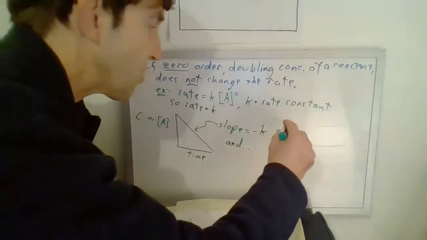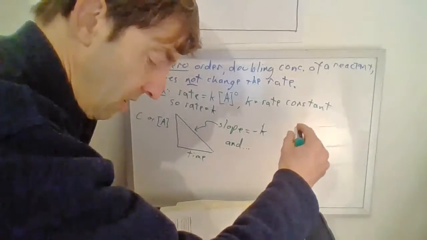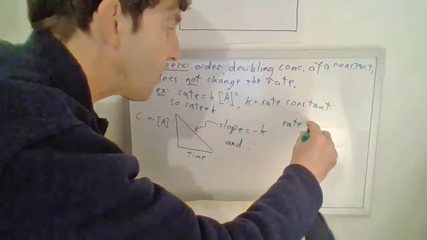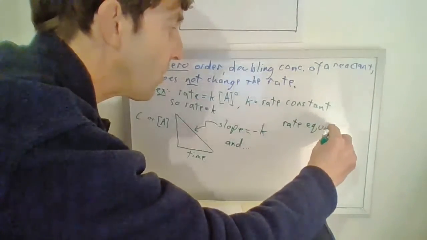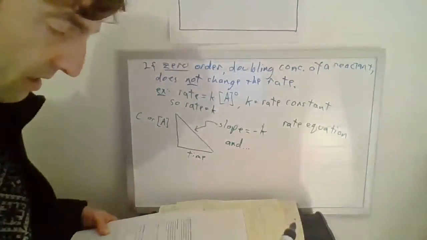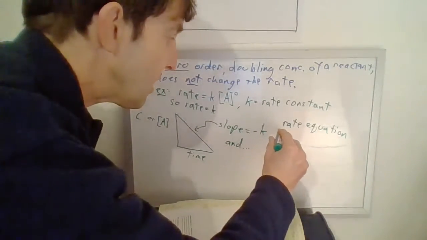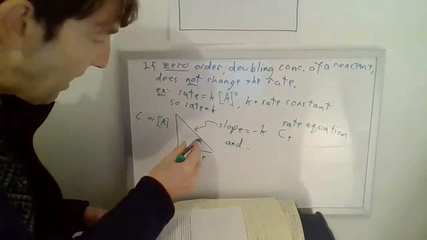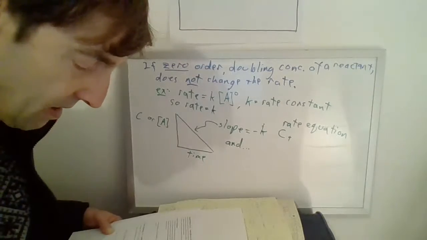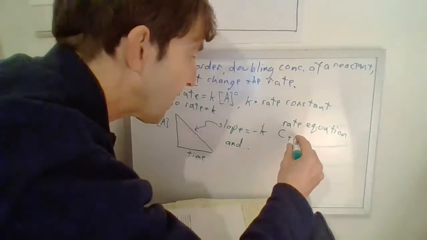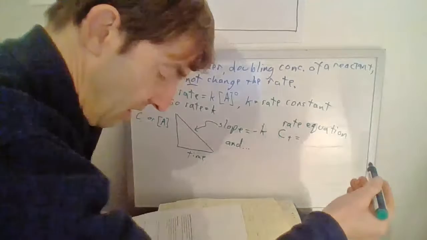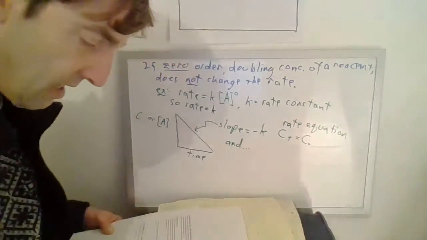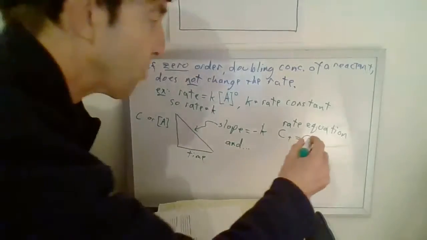Okay, so here's the equation. Rate equation. It's C at time t. In other words, I can get C at any spot on this line if I take the original amount of C, okay, and then I subtract the amount that reacts away.